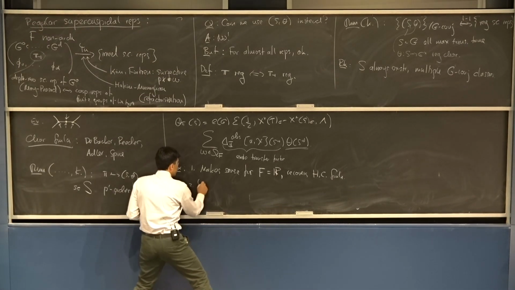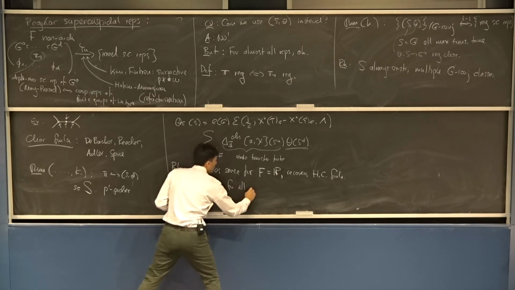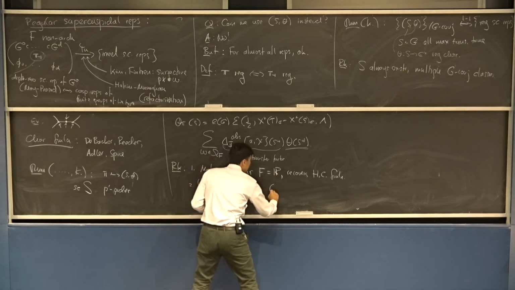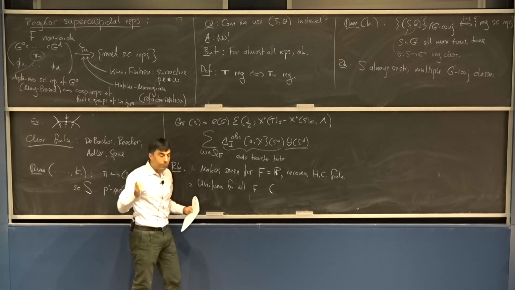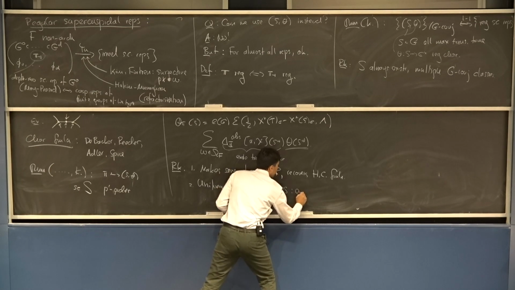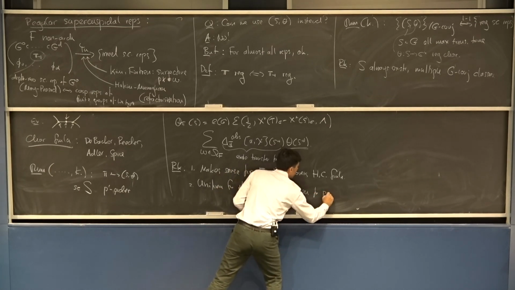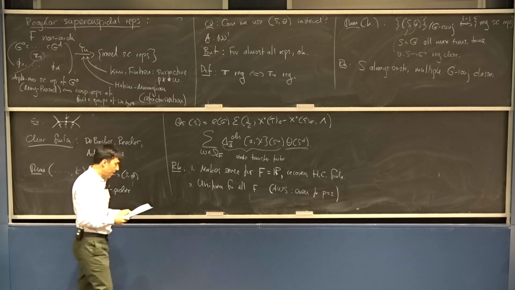And this is uniform for all F. And initially, I had required that p is not 2, but I just came back from Arizona Winter School, where progress was made even for p equal to 2. Although at the moment the progress is partial, let's see how far we go there.